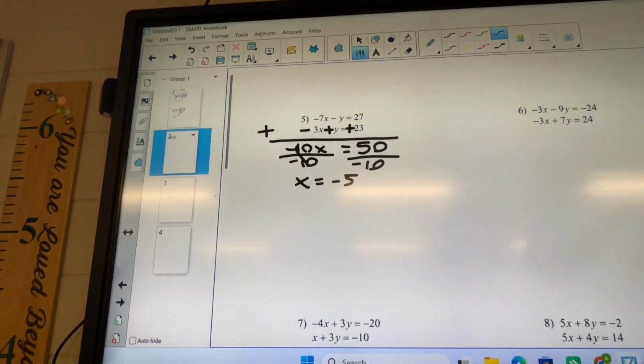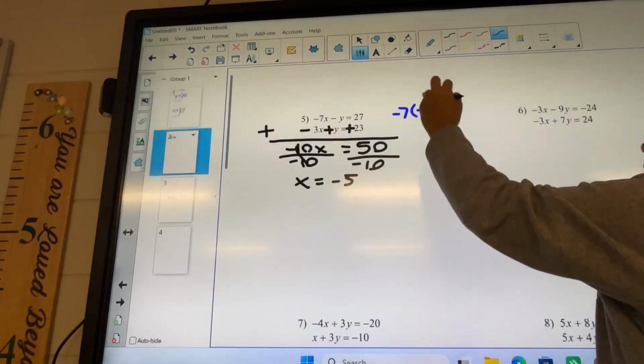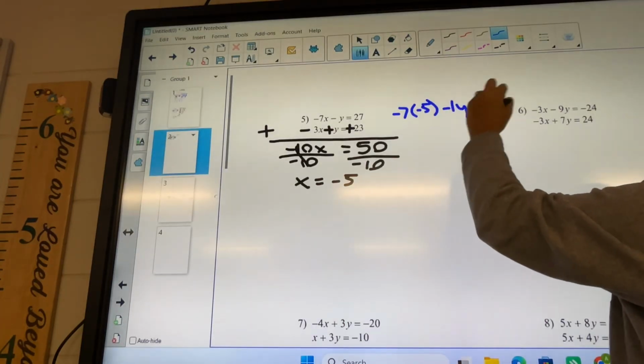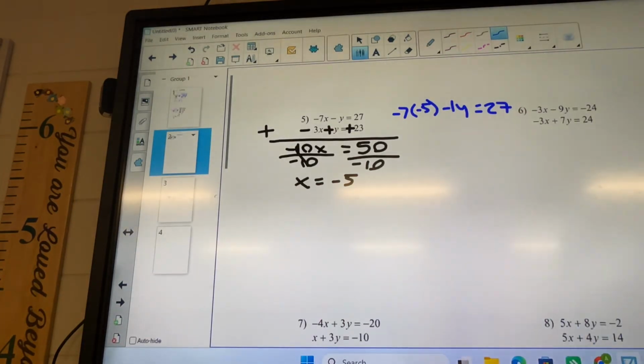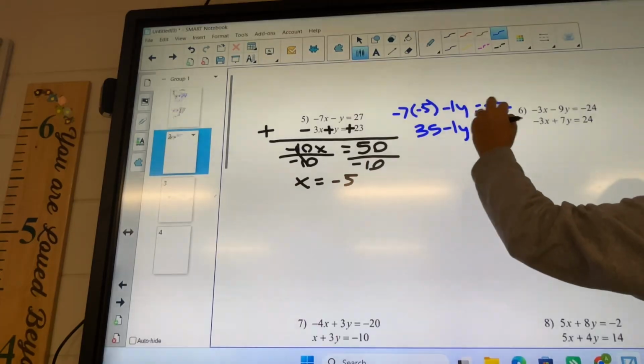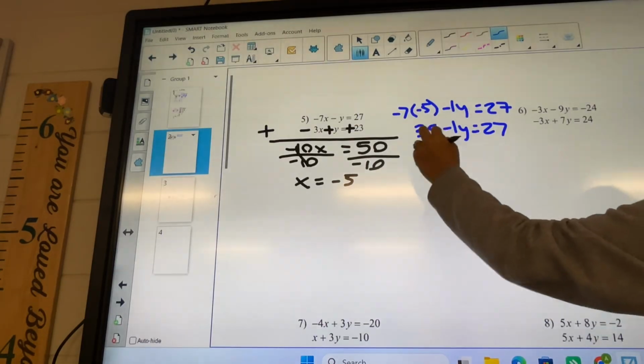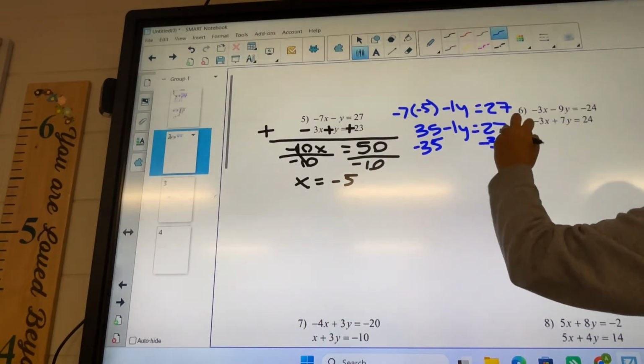Okay, we're going to take that and plug it back in. So I got negative 7, negative 5 minus 1y equals 27. Negative 7 times the negative 5 is going to be 35 minus 1y equals 27. And then I'm going to subtract 35 from both sides.